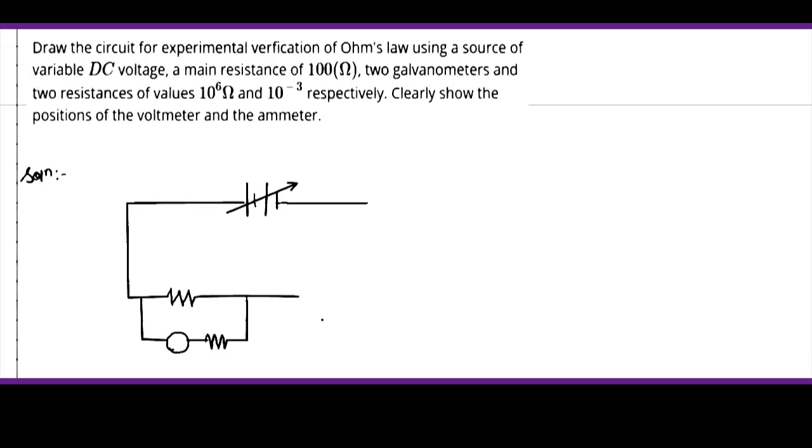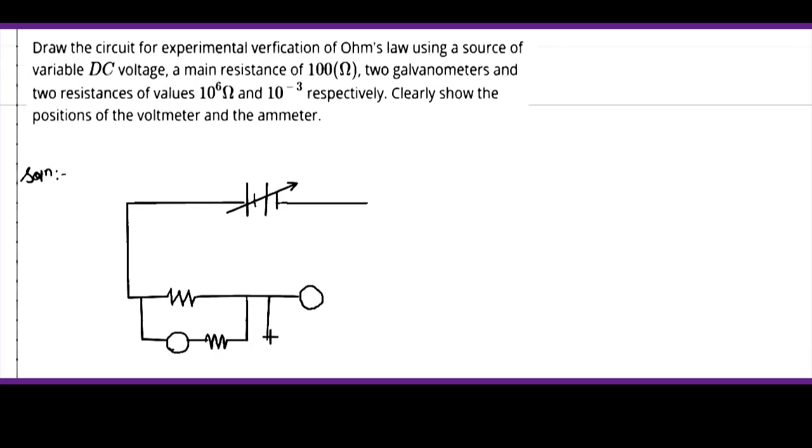To form the ammeter, first of all, we know the ammeter must be connected in series to the circuit. So here the galvanometer must be connected in series to our circuit, and we connect a small resistance parallel to this galvanometer.